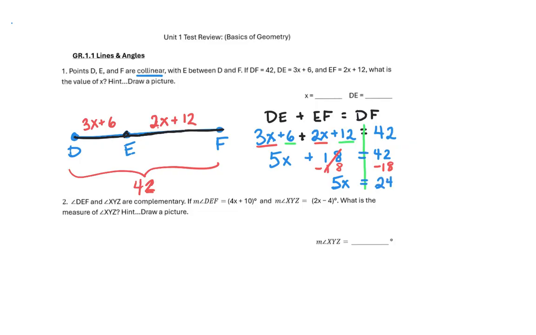And then we'll divide by 5 on both sides. But that's a decimal. We'll be okay. And we've got x equals 24 divided by 5, which is 4 and 4 fifths, 4.8. Probably.